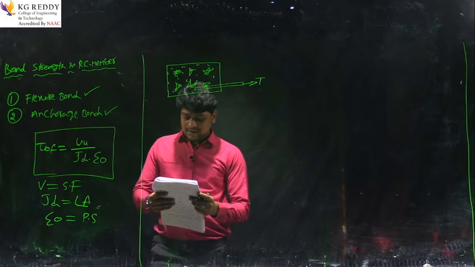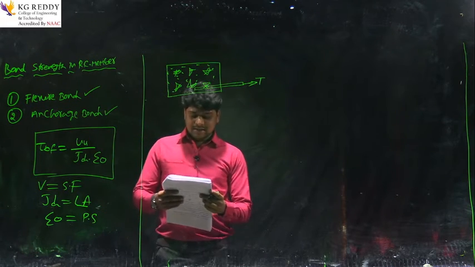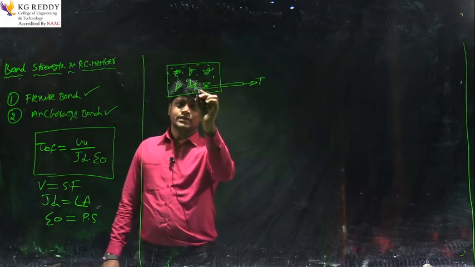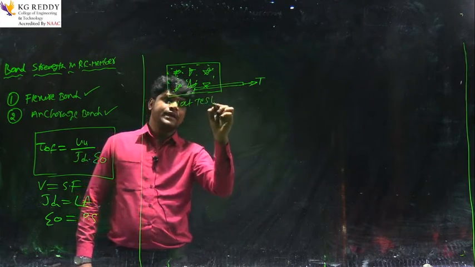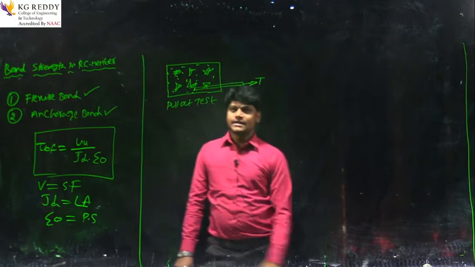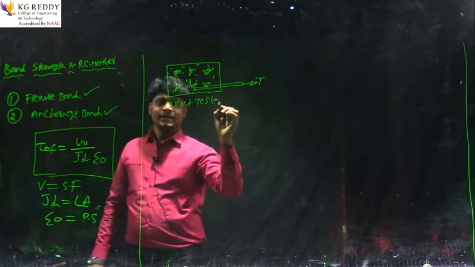The average bond stress can be determined using the pull-out test. If you want to determine this anchorage bond stress, we can use the pull-out test.